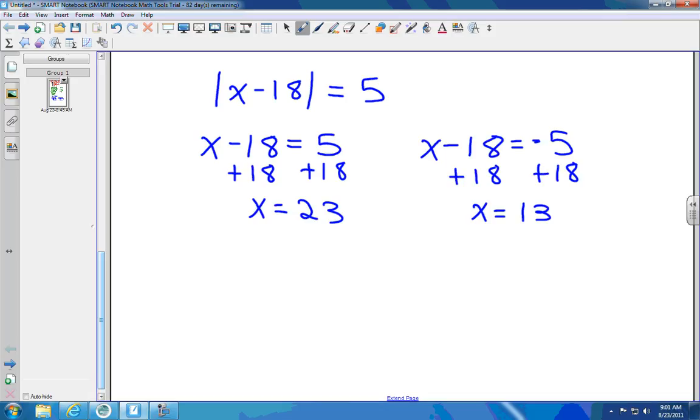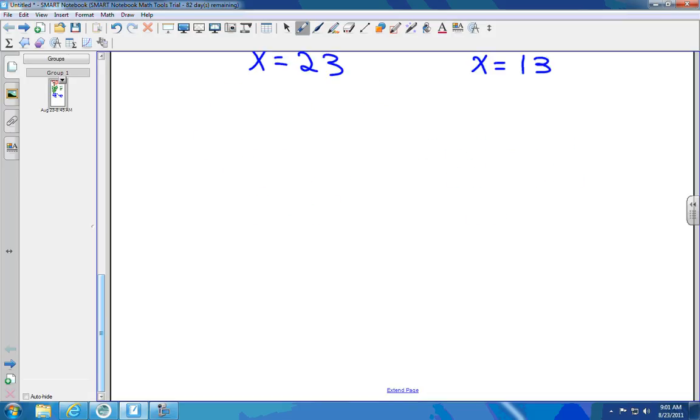One other thing that will happen. Absolute value of 4x plus 1 plus 8 equals 2.